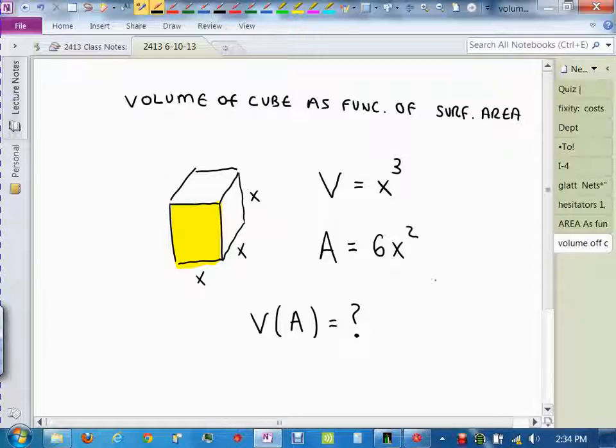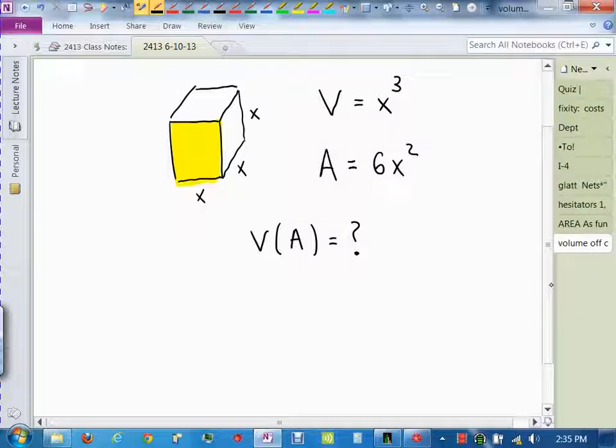Everyone understand the question, what we're trying to do? What do both the volume and the surface area formulas have in them? They both have an x, right? So why don't we try and solve the area formula for x? Take that answer and stick it right here for x.